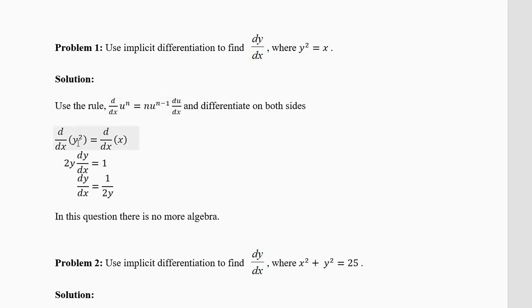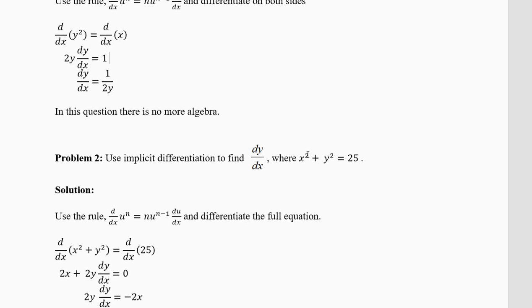Here u equal to y. Differentiate y square, you will get 2y dy by dx. Derivative of x is 1. Now write dy by dx equal to 1 divided by 2y. So in the first two steps you do the differentiation, and in the last step you do algebra. There is no more algebra here. Sometimes we'll have a little more algebra in some questions.